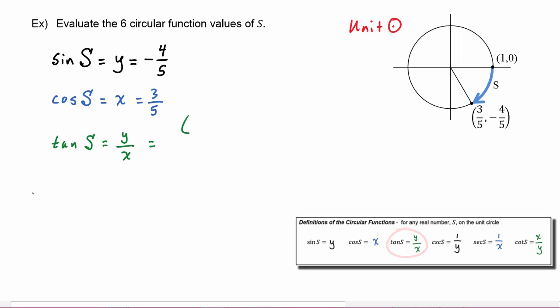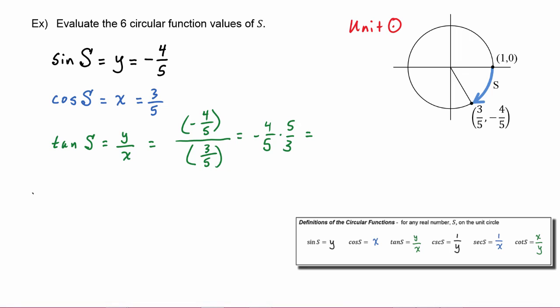So using our diagram here, we've got -4/5 divided by 3/5, which of course turns into -4/5 times 5/3, which once those 5's cancel out, we know is going to equal -4/3.